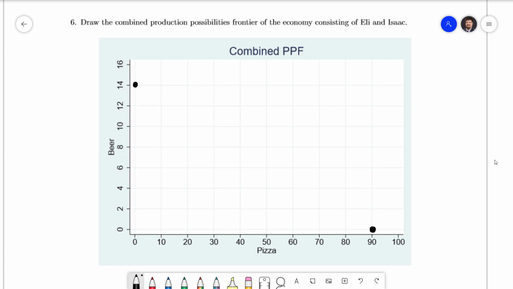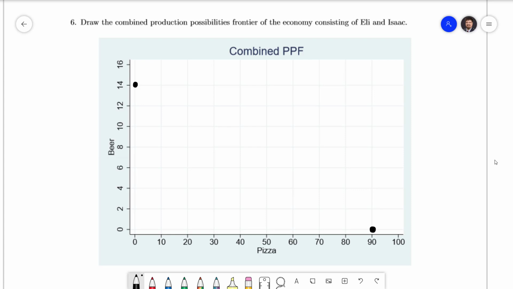Now we need to find the kink point, the point where both of them are fully specialized. Remember that Eli has the comparative advantage in beer, and Isaac has the comparative advantage in pizza. So we want to find the point where Eli is producing only beer, Isaac is producing only pizza.